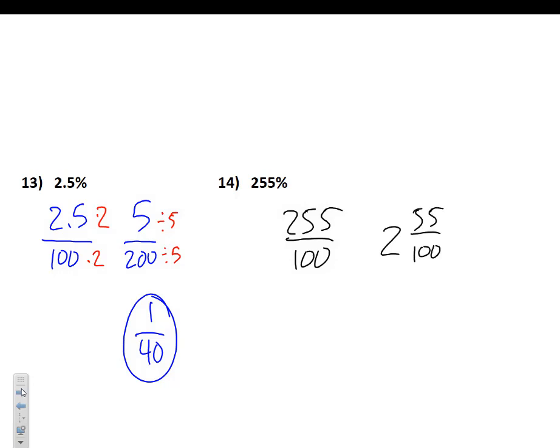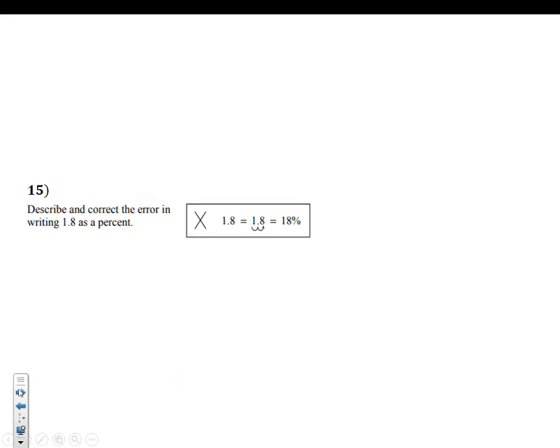Now I'm going to simplify the 55 over 100. Again, seems like we're dividing by 5 all the time. But that would be 2 and 11, and that would be 20ths. 2 and 11 20ths. Go ahead and copy those down and join us for our next example.